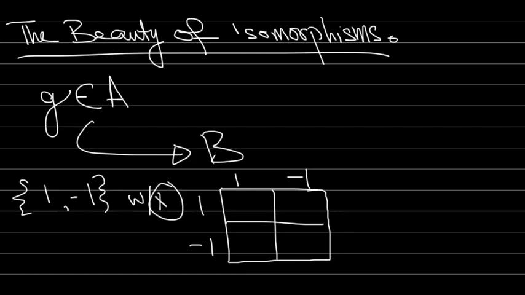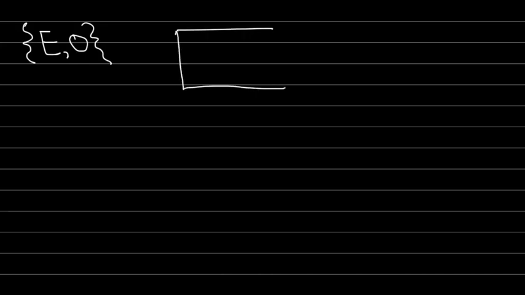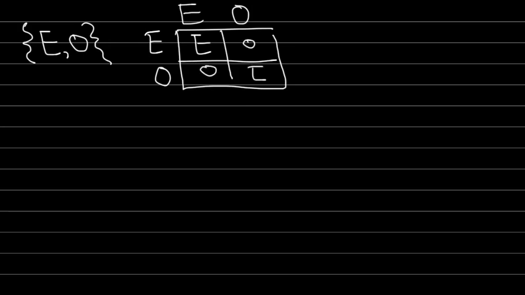Now just perform the operation: 1 times 1 is 1, minus 1 times 1 is minus 1, 1 times minus 1 is minus 1, and minus 1 times minus 1 is 1. And let's do another one, the set of e and 0, so we have e, 0 along the top and side, and inside we would have e, 0, 0, e.